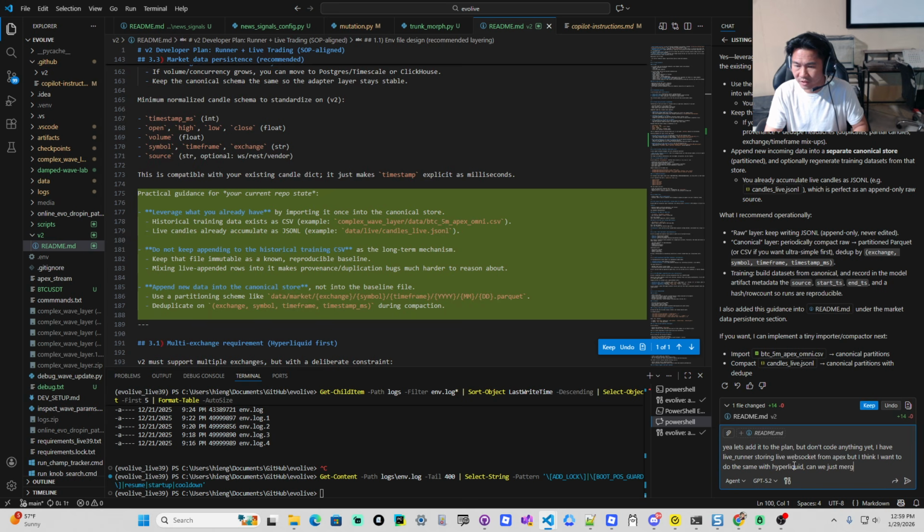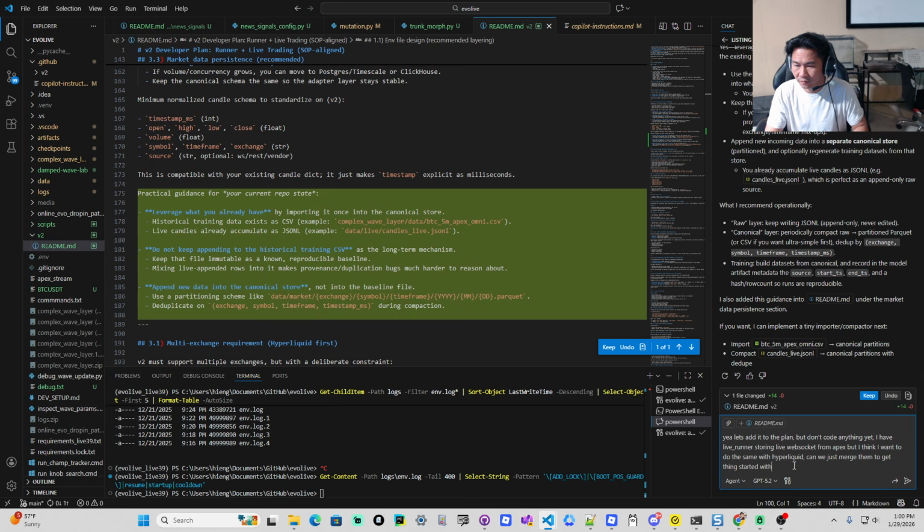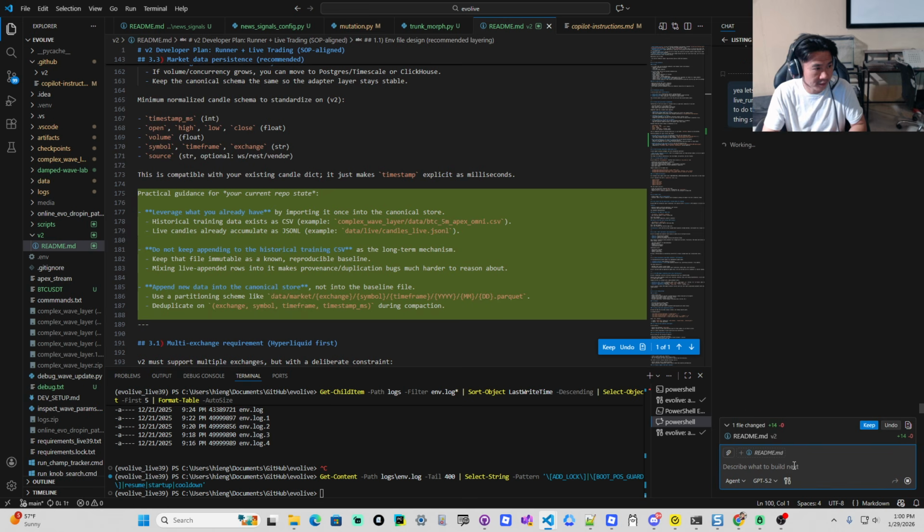We just merge them to get things with data. Alright, so we'll see what happens, because I still want to rebuild it with Hyperliquid WebSocket data. See what it says. I'm going to update the V2 planning slate to cover multi-exchange catalog ingestion, now mixing raw streams so you can start building a unified dataset safely.